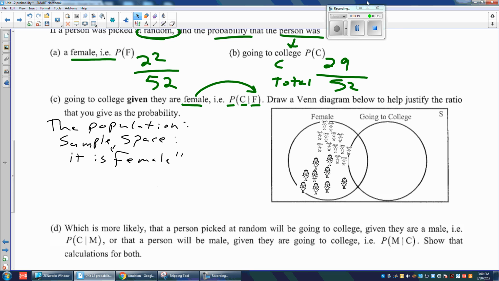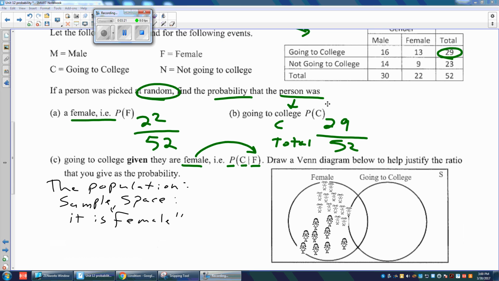Now, how many females do we have? We have 22 females, 1, 2, 3, up to 22, and they are inside the female circle. Now, I'm going to tell everyone going to college, go into this little space here.